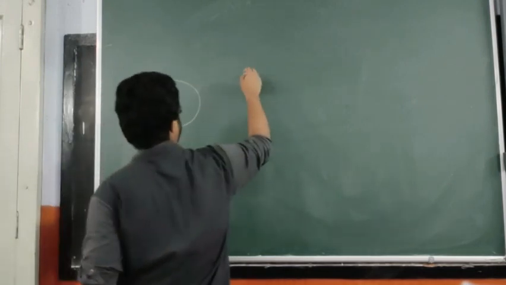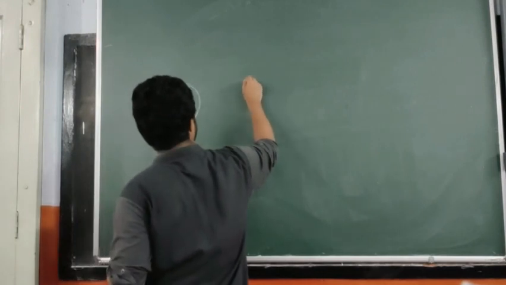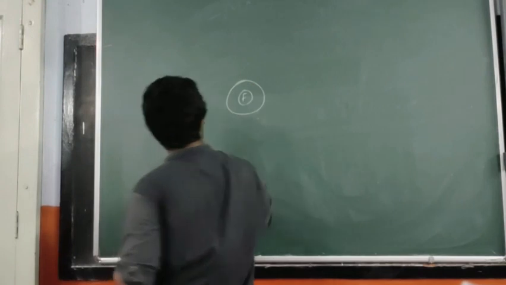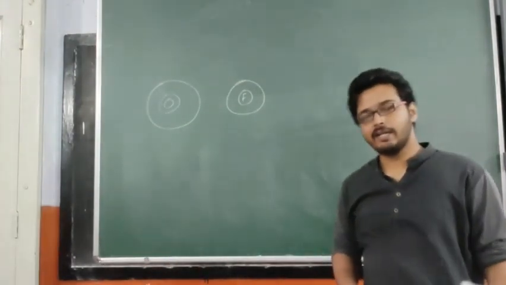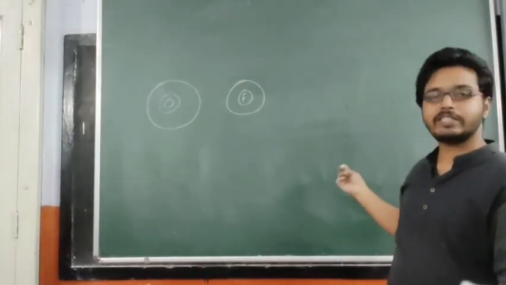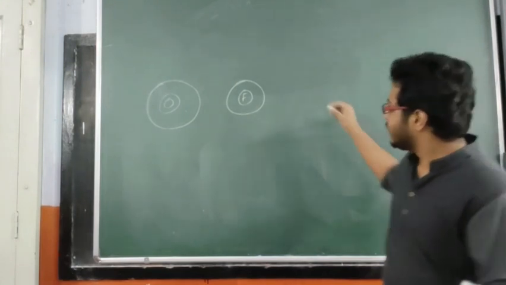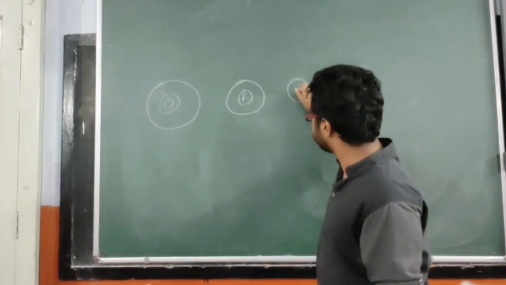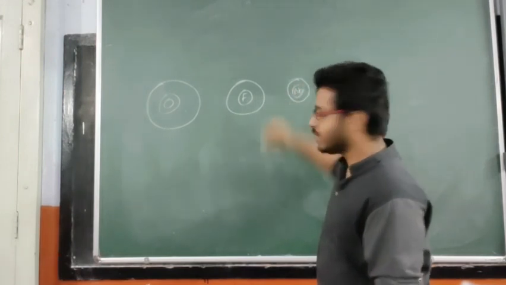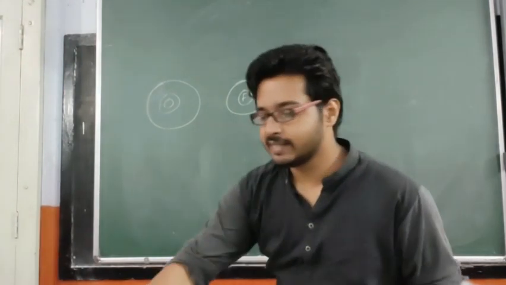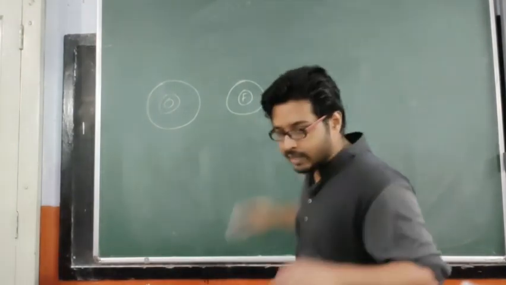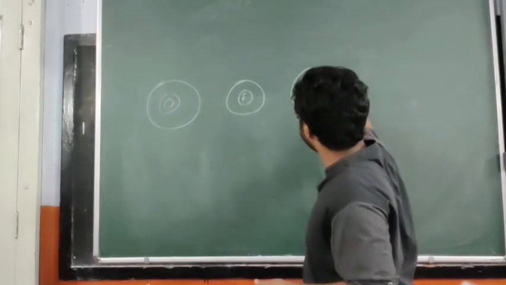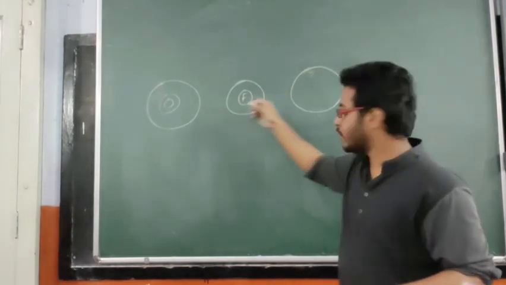Now after oxygen we are having fluorine. Now the next one is neon. So according to the periodic trend, this neon is supposed to have a size that is lesser than fluorine, but in the actual case, neon is having a little bit more size than fluorine.